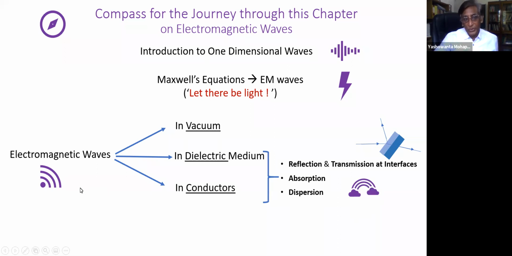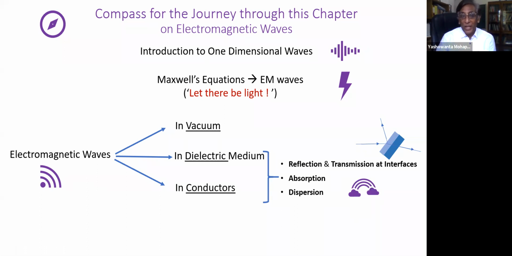Electromagnetic waves, you remember, span from very small wavelength, that is gamma rays, to X-rays, to ultraviolet, then visible light, then microwave, AM, FM, 3G, 4G.